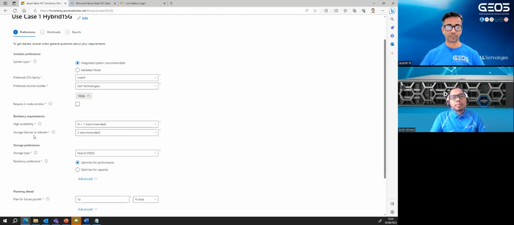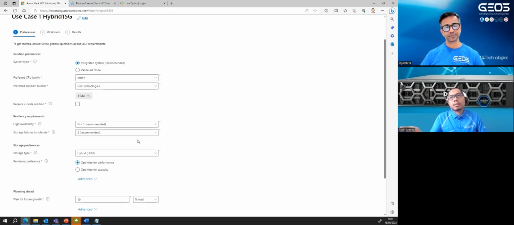And from the storage perspective, because storage is usually much more critical than compute, because if you lose all your data, you cannot do anything. That's why we always recommend N+2.